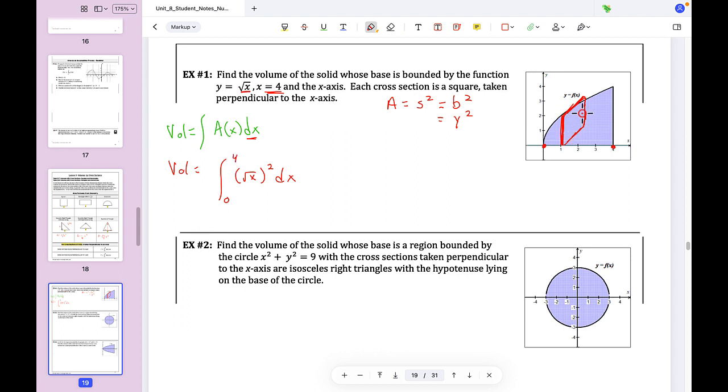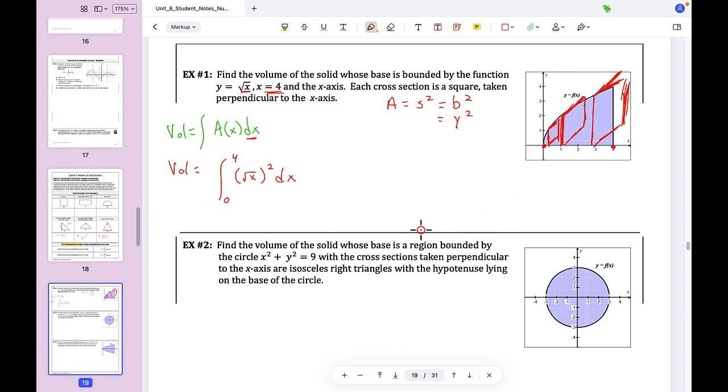Okay, because we're going to have an infinite number of squares embedded in there, and all of the squares are going to have different side lengths depending on where it is on the curve. Okay, so they're going to have different side lengths, and the length of that side is going to be dependent upon where it is, which means it's going to be the y value.